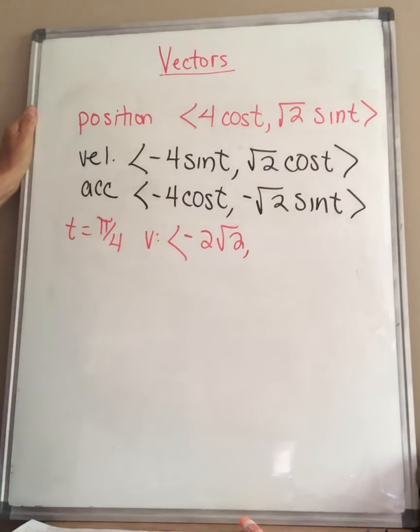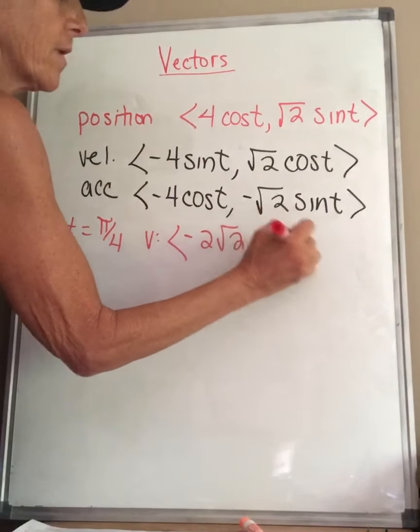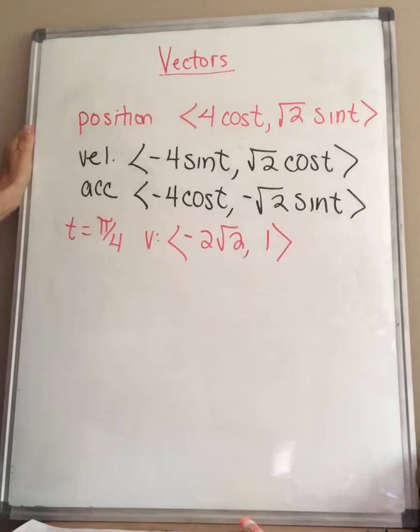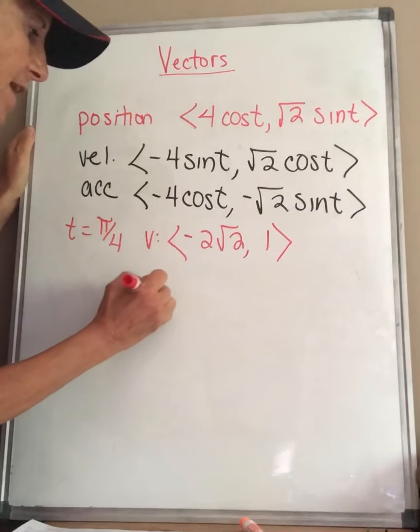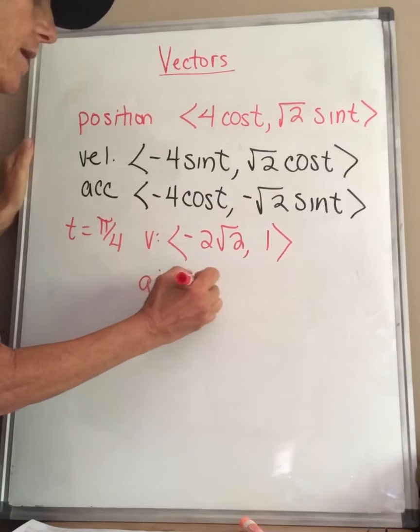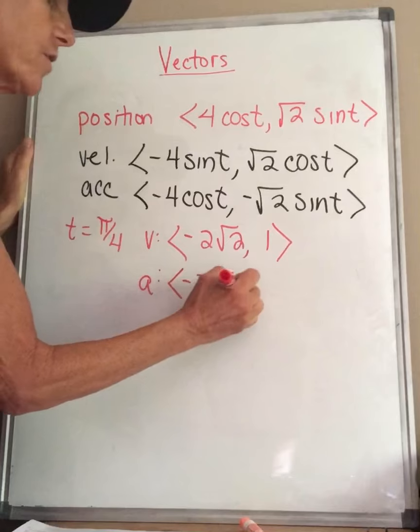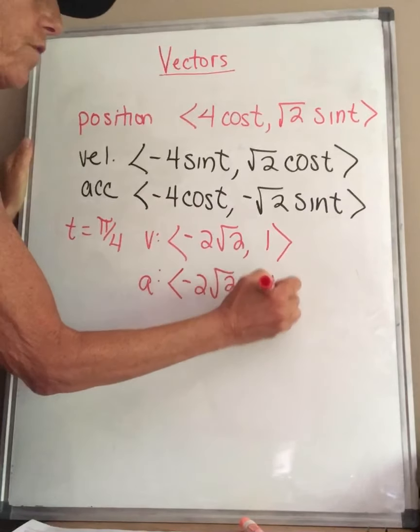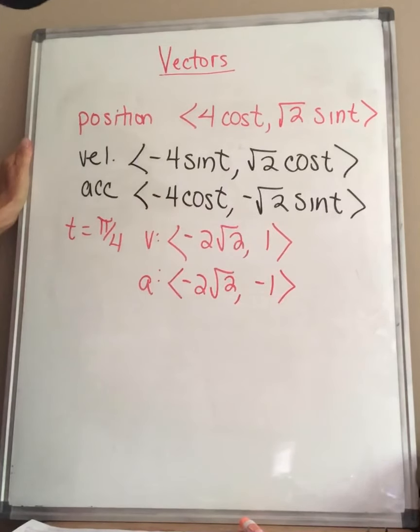Put pi over 4 in place of t here, and your value is 1. One more time, evaluate the acceleration vector at pi over 4. Substitute it here. We get negative 2 radical 2 again, and over here we get negative 1.